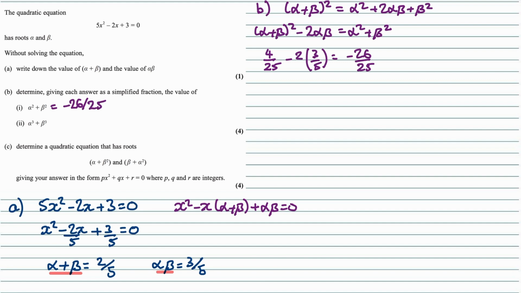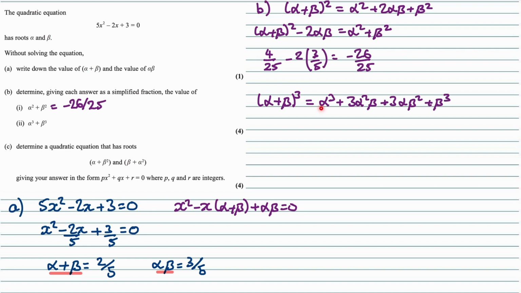And we use a similar idea for alpha cubed plus beta cubed. We take alpha plus beta, we cube this, and using binomial expansion, this will be alpha cubed plus 3 alpha squared beta plus 3 alpha beta squared plus beta cubed.